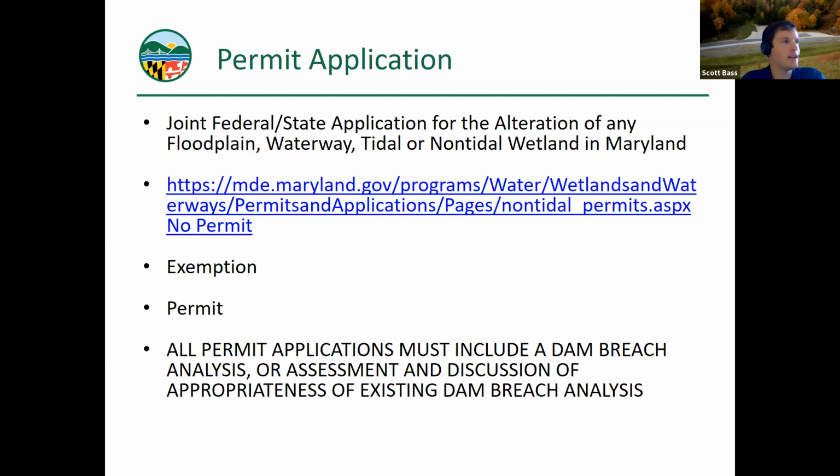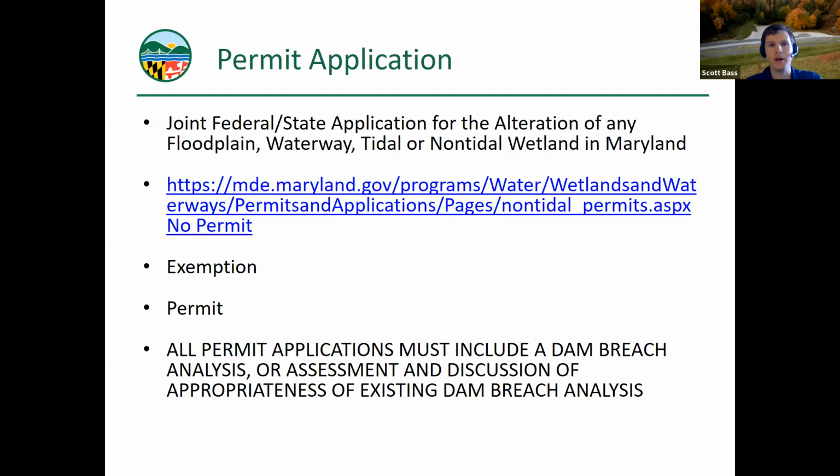There will be a link in the chat shortly for the joint permit application. This is the application that needs to be filled out if you or somebody in your jurisdiction plans to make a modification to a pond or construct one. And basically when these come in, we have 2 options if it is in fact a pond or dam, and that is to issue an exemption from the dam safety permit requirement, or we have to issue a permit.